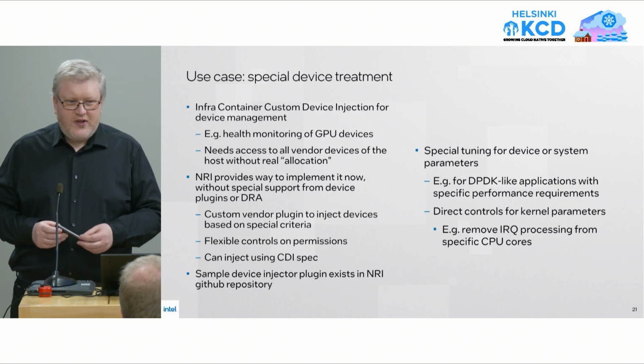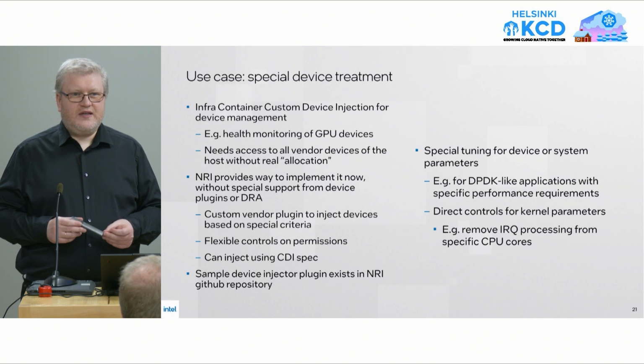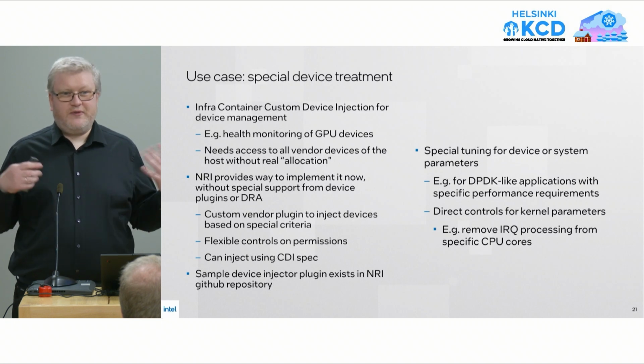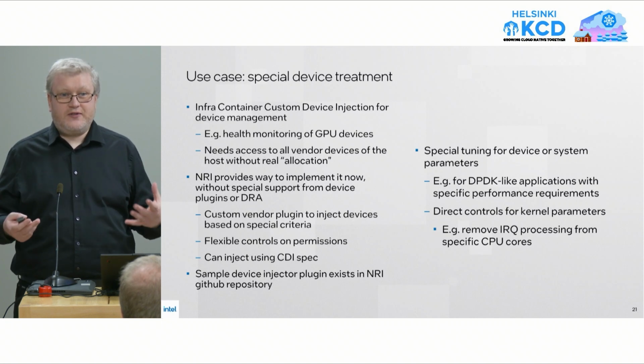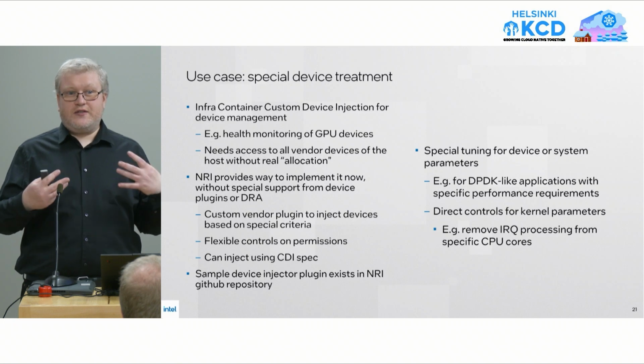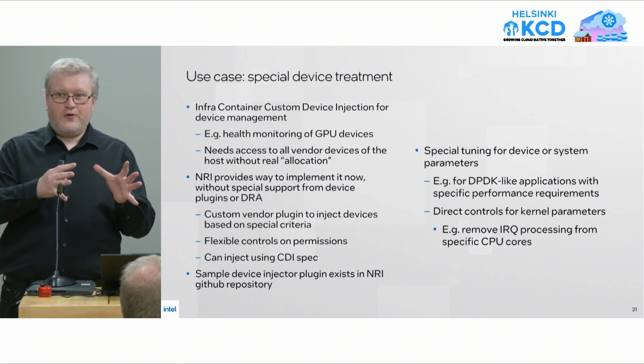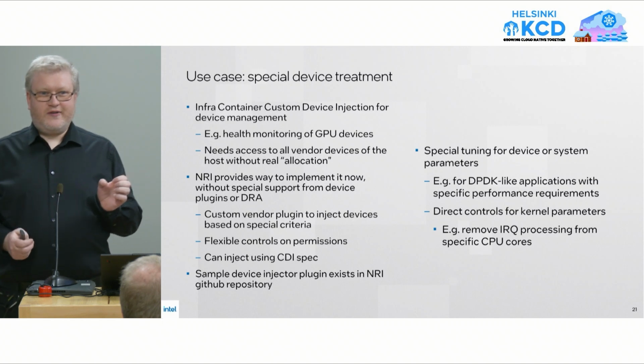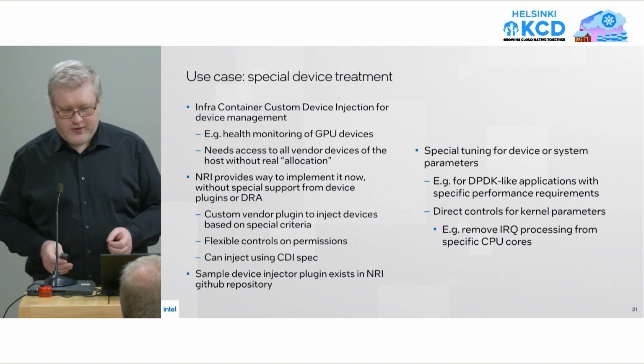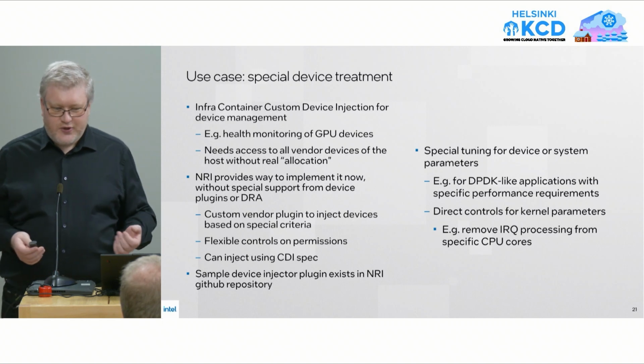One of the companies created a plugin which does exactly that. As soon as the workload started and we see that those CPU cores will be used for a critical workload, let's remove interrupt processing from all of those cores. Again, your cluster, your rules.